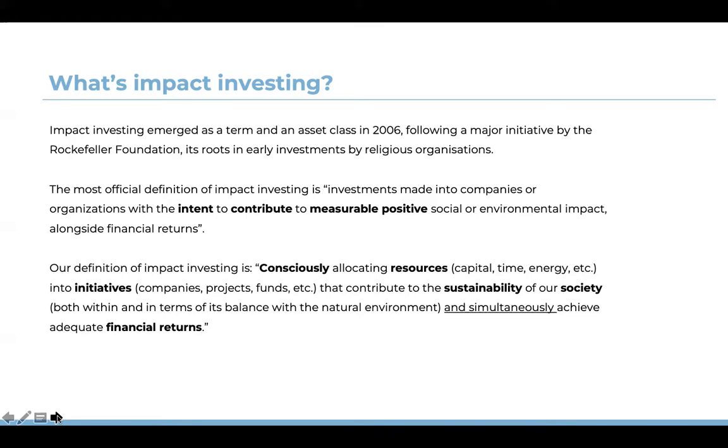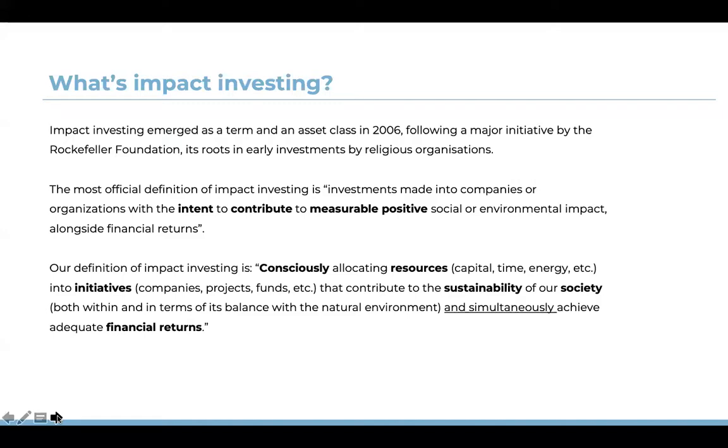The most official definition of impact investing is investments made into companies and organizations with the intent to contribute to measurable, positive social and environmental impact alongside financial returns. But we, as an organization, have also decided to come up with our own definition, and add the word consciously.